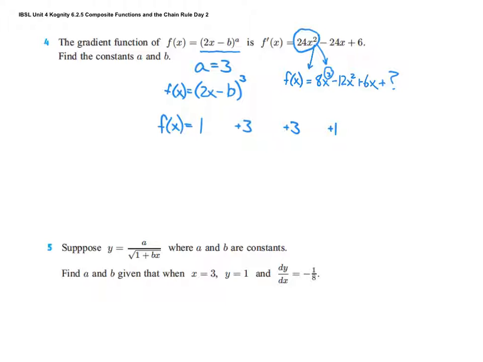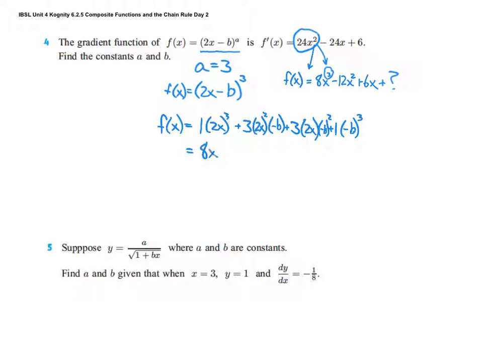Okay. We do 2x cubed, 2x squared, 2x to the first, and then the last term doesn't have any 2x's. We do a negative b cubed. We do a negative b squared. We do a negative b to the first, and the first term doesn't have any negative b's. So now notice what we get.